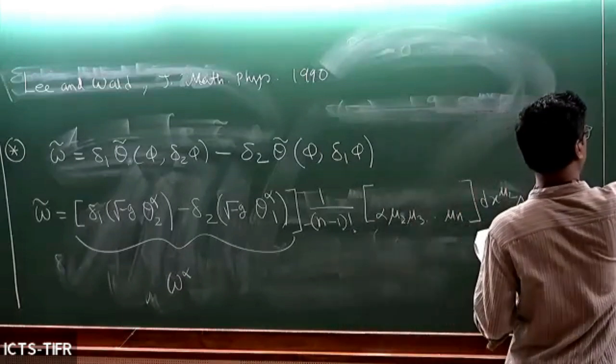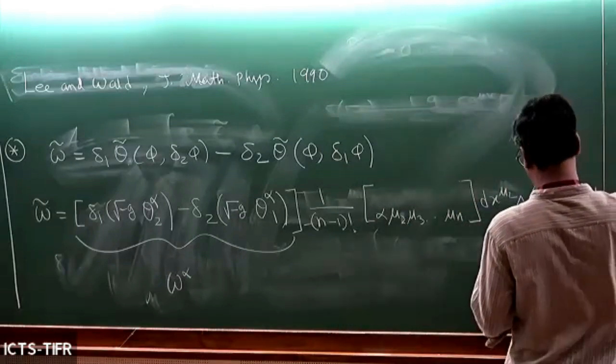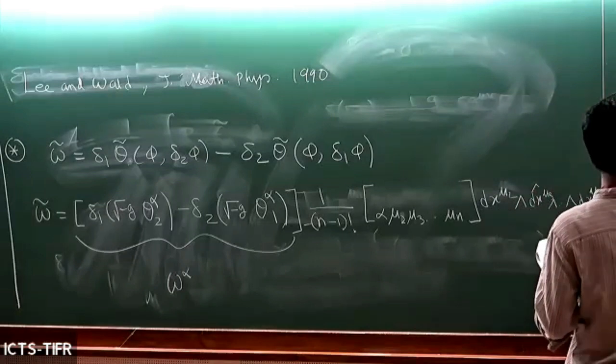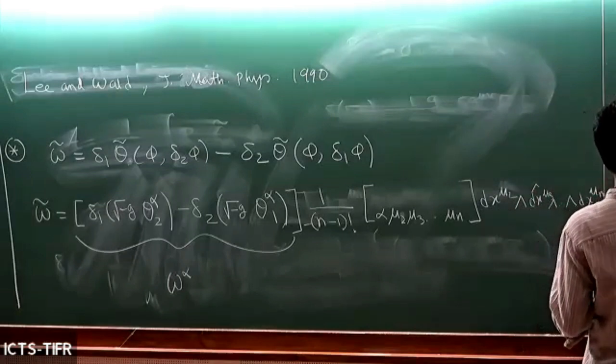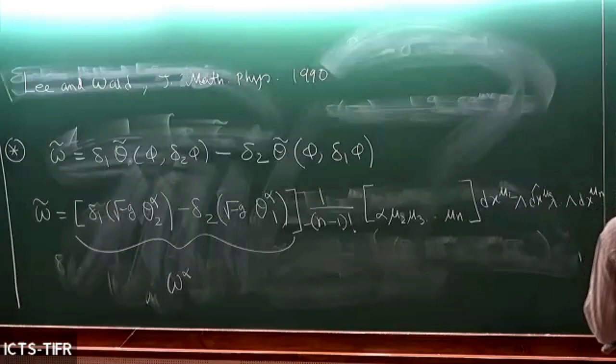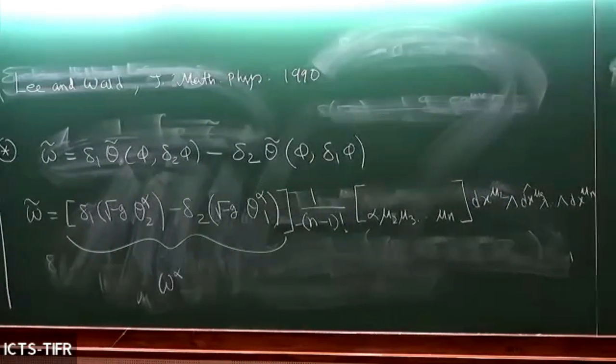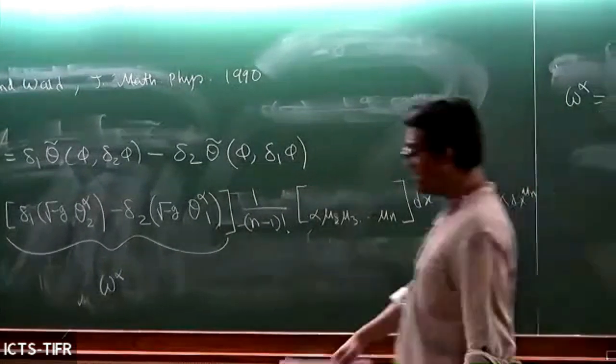So the structure we will get is this. Again 1 by 16 pi G will come, and I'll write down an object which I'll define later, alpha mu nu beta rho sigma. I'll define what this object is. What kind of structure do we expect?